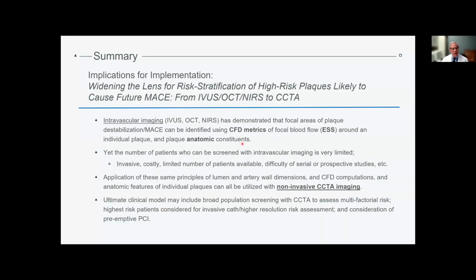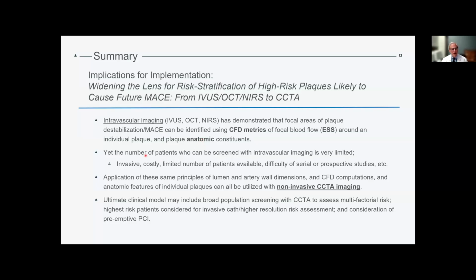And so in summary, the intravascular imaging, IVUS, OCT, and NIRS, has demonstrated clearly that focal areas of plaque destabilization and MACE can indeed be identified using CFD metrics around a plaque as well as the anatomic constituents.